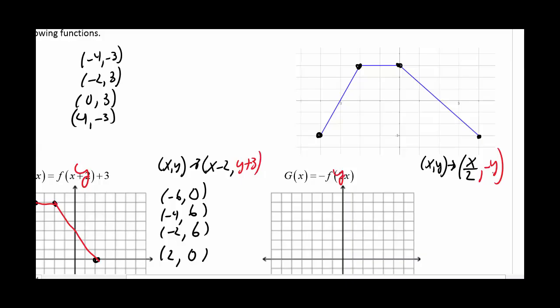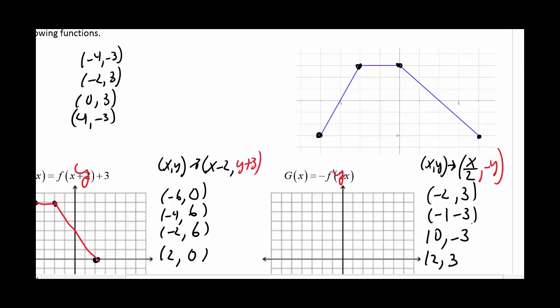All right, so all of my x's are half of them. So -4 over 2 is -2. That would be -1. That would be 0, and that would be 2. And then all my y values are opposite. So 3, -3, -3, and 3.